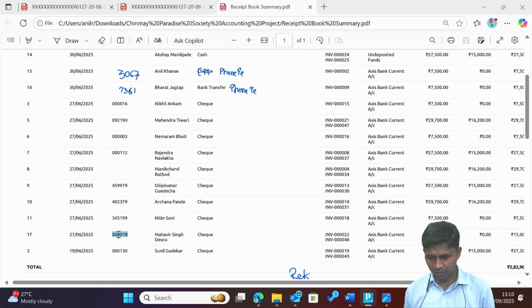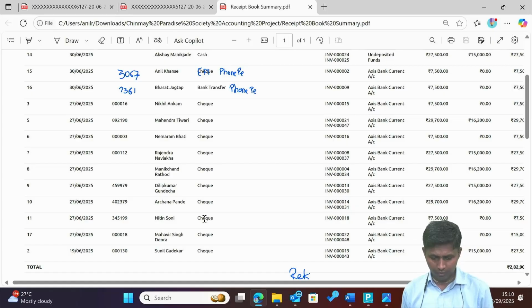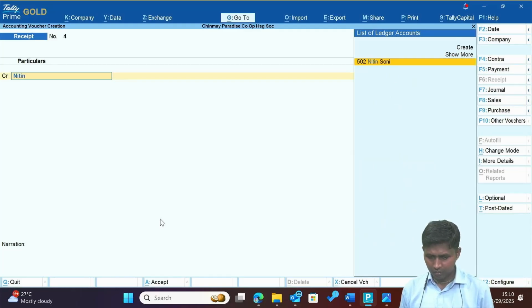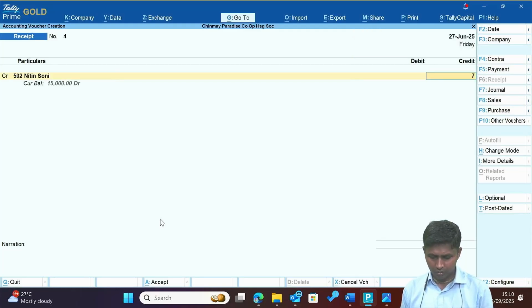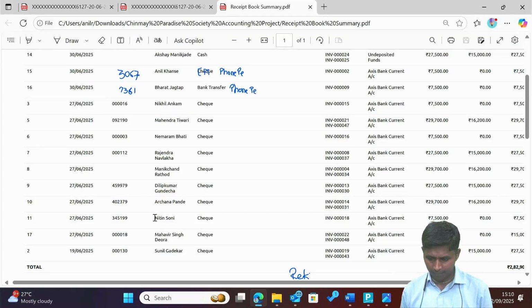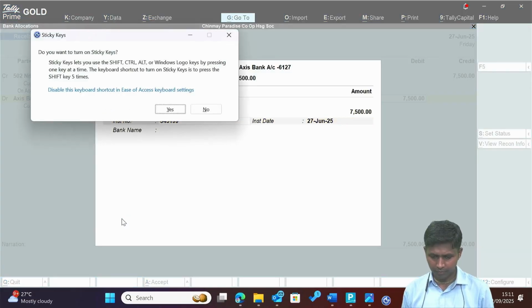Like this you can pass all the receipt entries on 27/6. Next, 27 June. What had happened? Nitin Soni paid 7,500. Nitin Soni, 7,500, Axis Bank, check number we have, instrument number you can write, accept it.